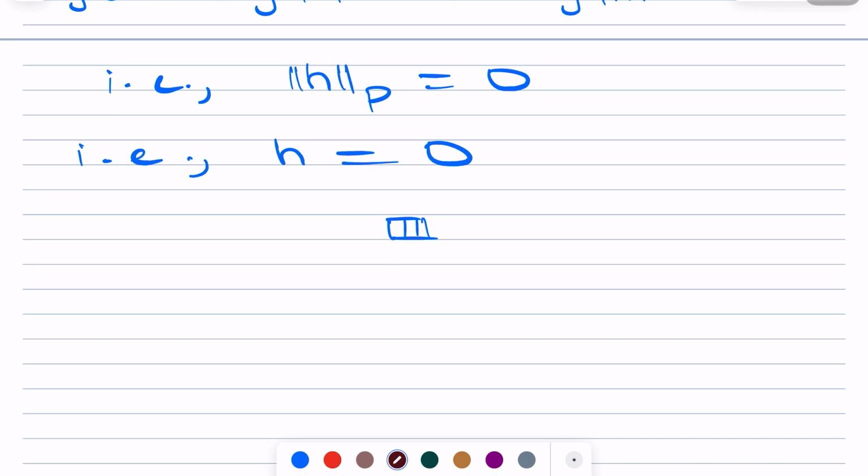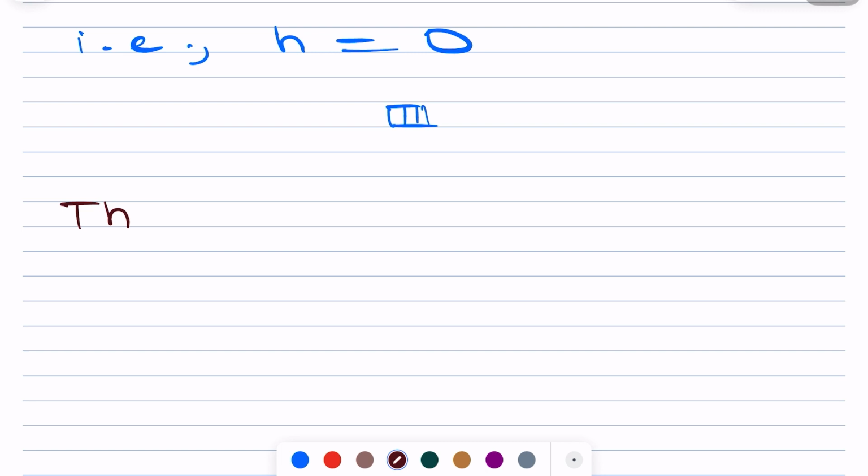Okay, so now let's take our next theorem, which is about identifying a dense subset of LP. Theorem 4.12.